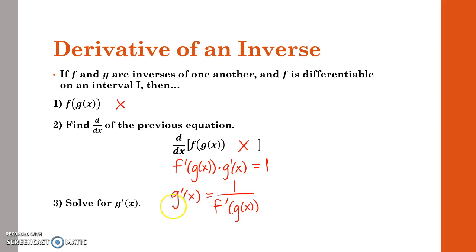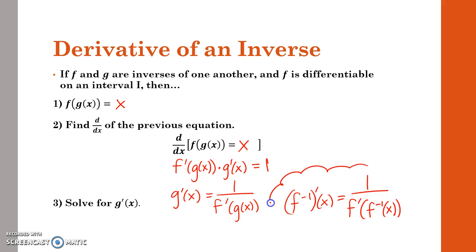So typically, instead of writing g of x or g prime of x, we write the derivative of the inverse of f equals 1 over f prime of the inverse of x. This is the formula you will need to know.